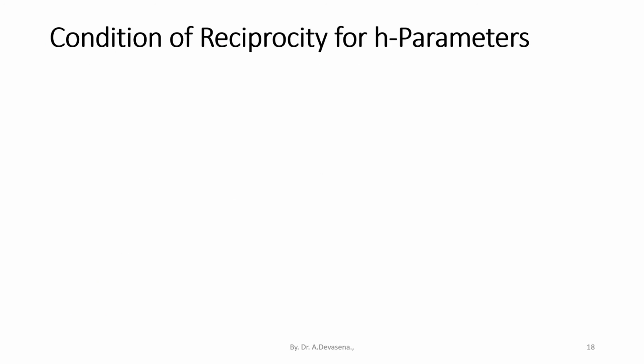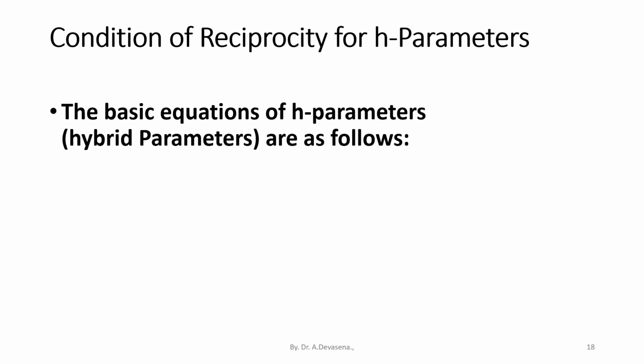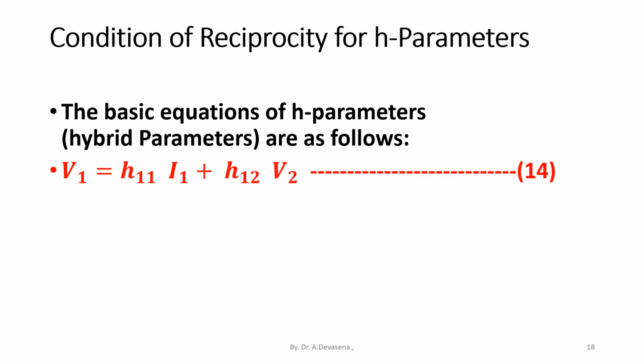Let us see the condition of reciprocity for h parameters. The basic equations of h parameters, also called hybrid parameters, are as follows. This is equation 14, that is v1 is equal to h11 I1 plus h12 v2. That is, input voltage v1 is a function of input current I1 and output voltage v2.